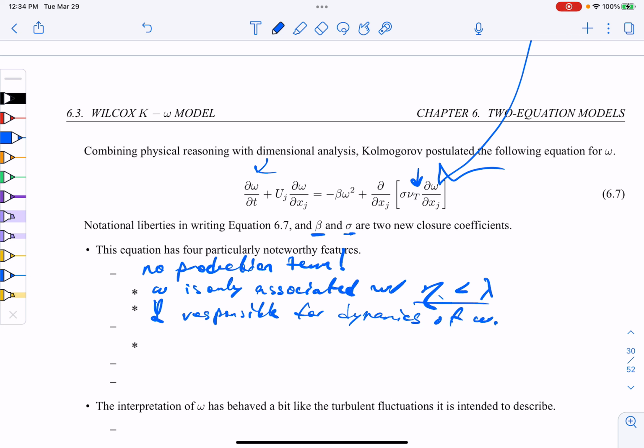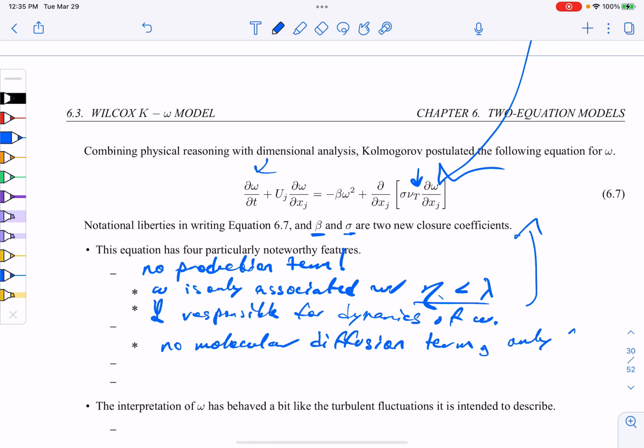And there's no molecular diffusion type term, which is probably another issue. And so his model is only for high Reynolds number flows. And that probably makes sense because a lot of his theories, like his K41 theory, were for high Reynolds number anyway.